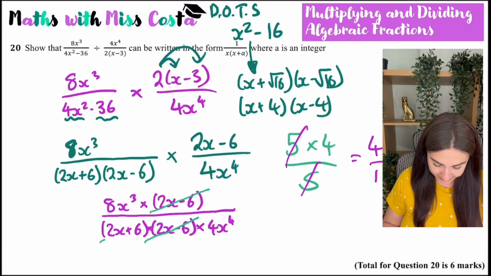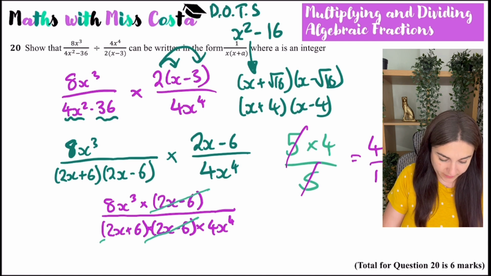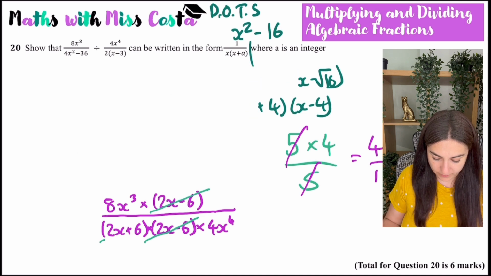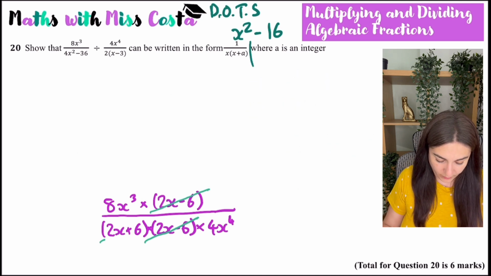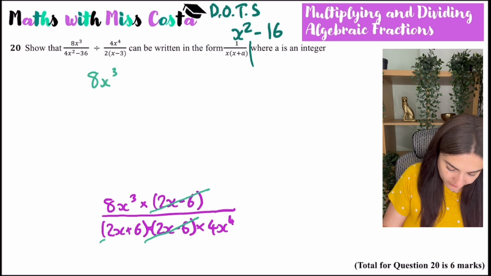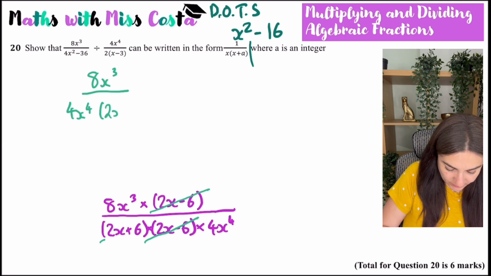I've then simplified this, and let's rewrite it over here. So once I've cancelled that out, I end up with 8x cubed as my numerator, and then 4x to the power 4 times by 2x plus 6.